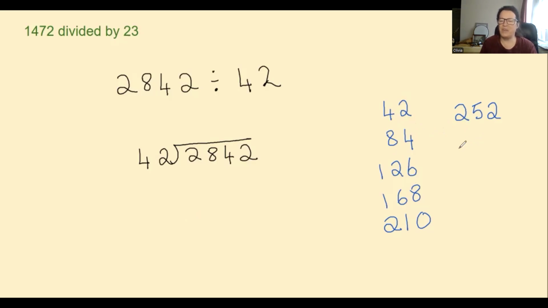Oh, I know what I said wrong. I said times 11 instead of times 6. And I know why I did that. When I multiplied 42 times 5, let me show you the way I do it.